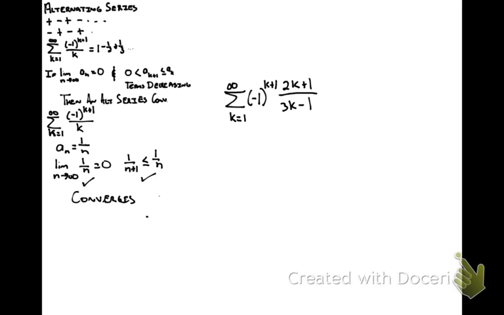So there's two things we want to know. What is the limit as n goes to infinity of 2n plus 1 over 3n minus 1? The limit, in this case, is 2/3. We can immediately conclude that this series is divergent because the limit needed to be 0 in order for it to possibly converge.